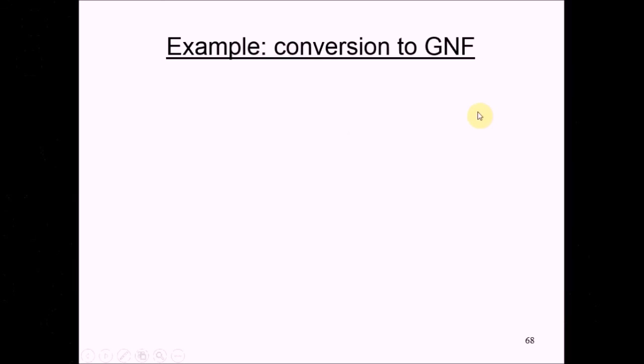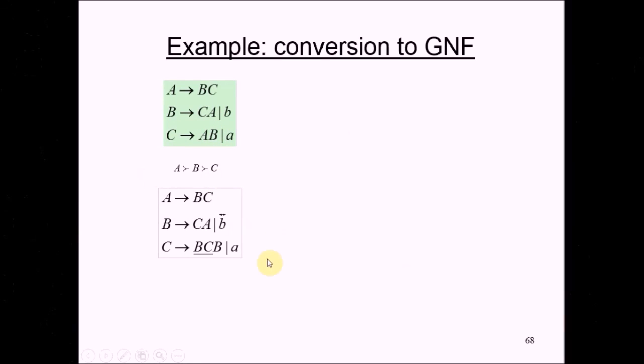And now an example of how to convert to GNF form. Here in this question, A is tending to capital B and C, B is tending to CA and terminal b, and C is tending to capital AB and terminal a. So first converting A into BC, and B is CA and b.